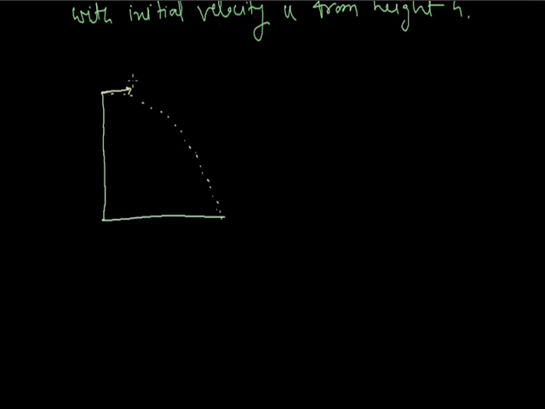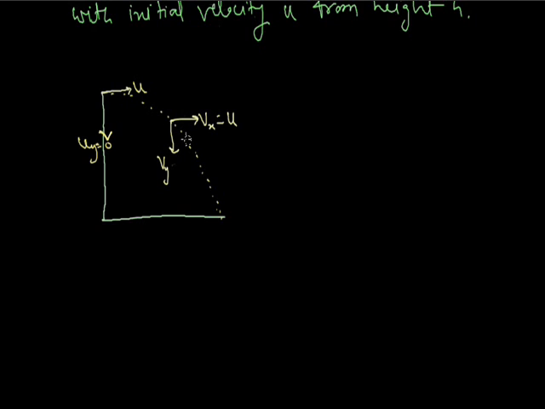The initial speed u is in the horizontal direction. Its vertical component u_y will be 0 because u cos 90 is 0. At any point the horizontal speed v_x will be the same, u, and in the vertical direction v_y will not be 0.